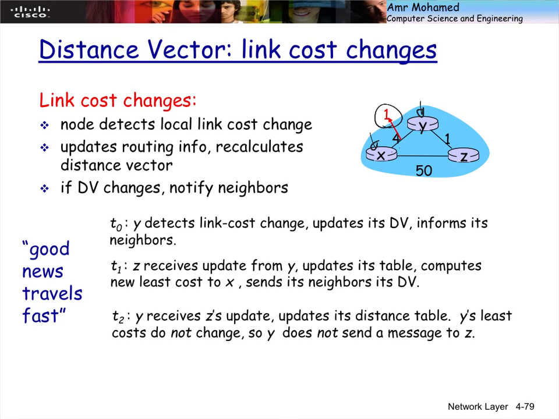The assumption here is that node Y will detect it first. But before this, let's keep in mind that Y receives the vector of distances from Z and X. So Y will receive the distance from Z to X, which is important.